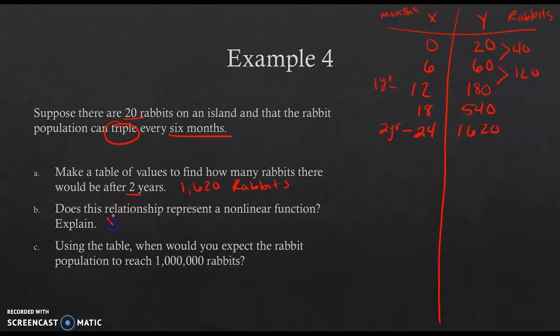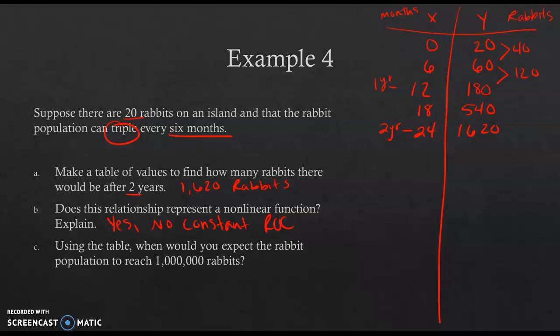And so, yes, it's nonlinear. No constant rate of change. And you may be saying, but Mrs. Cartwright, we're taking it times 3 each time. Yes, I'm taking my answer prior times 3, which is making us grow faster. And really this would be an exponential function instead of a linear type of function.